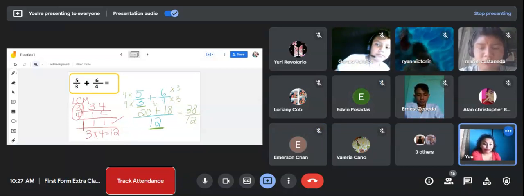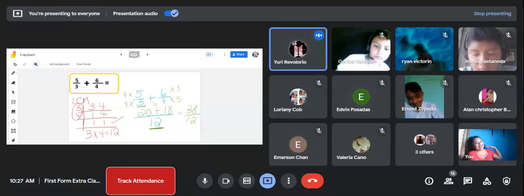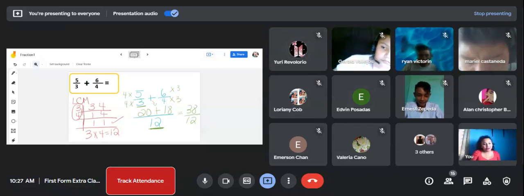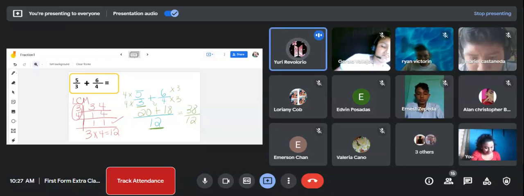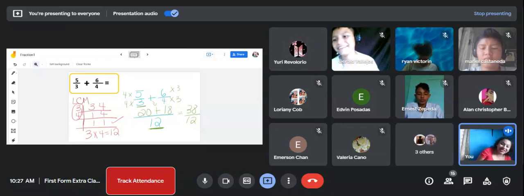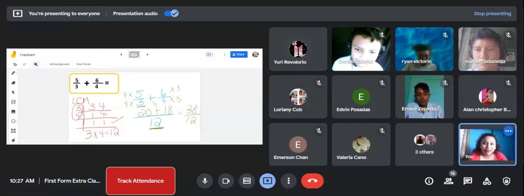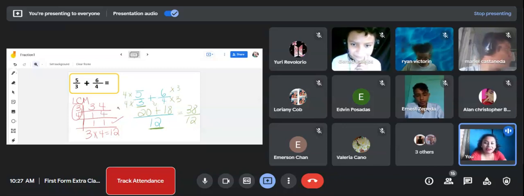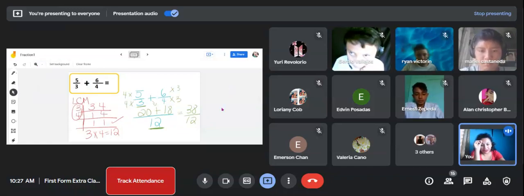Is that your answer? No, Miss, because you have to cancel. We can reduce. Reduce by what number? When we reduce, I always start with small little numbers.